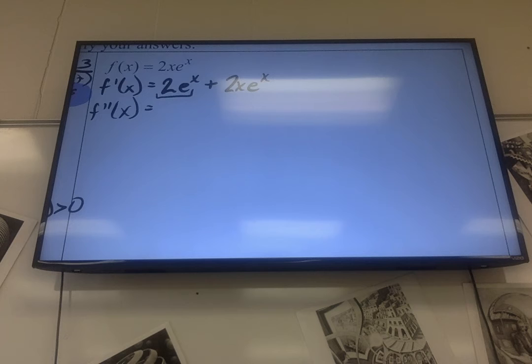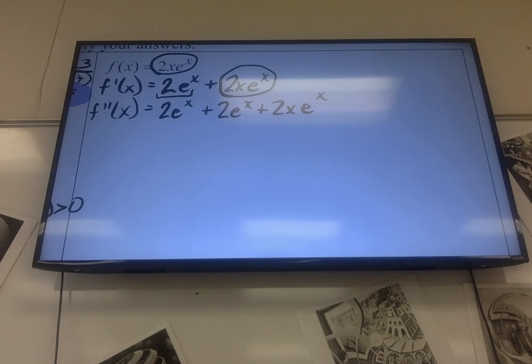The derivative of 2e to the x is 2e to the x. Plus now we're doing the derivative of this, which is the same thing as the derivative of that, so 2e to the x. So 2e to the x plus 2x e to the x. Now we got 4e to the x's.